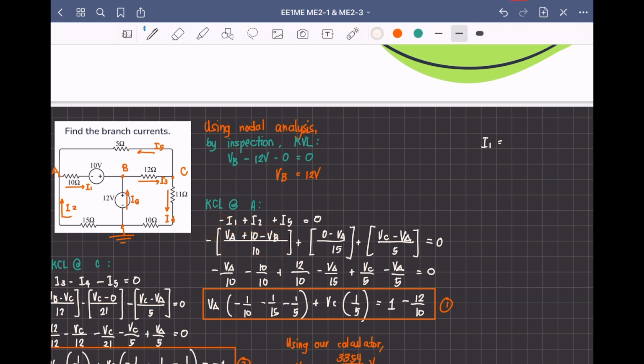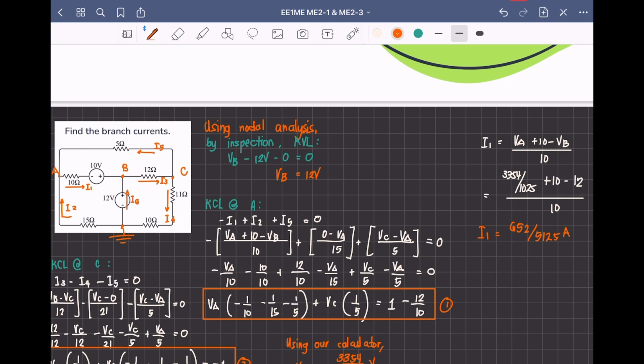So that's VA plus 10 minus VB, that's minus 12, all over 10 ohms. So substituting, VA is 3354 over 1025 plus 10 minus 12 volts divided by 10. If you press that in your calculator, which I'm not going to do anymore, you will get I sub 1 equivalent to 652 all over 5125 amperes.